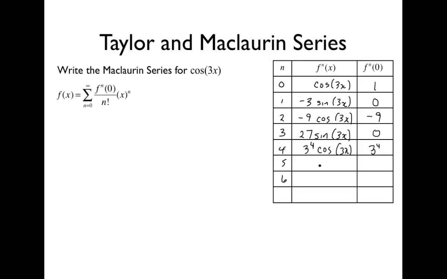The derivative of cosine is negative sine, so negative 3 to the 5th sine of 3x. Evaluated at 0 gives 0. Well, let's do one more. The derivative of negative sine is negative cosine. Now we'll have 6 3's, so now we'll have negative 3 to the 6th.